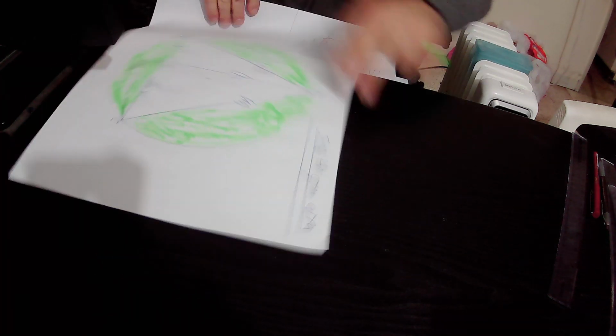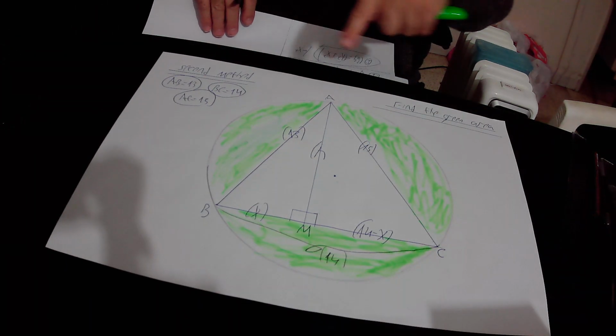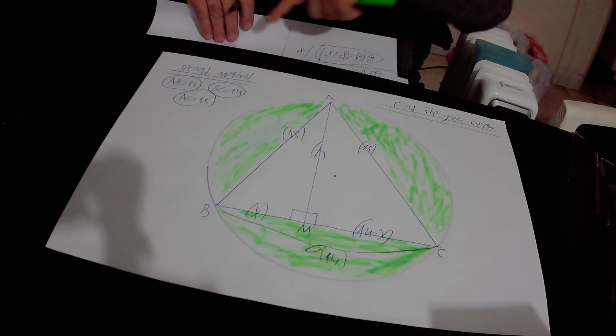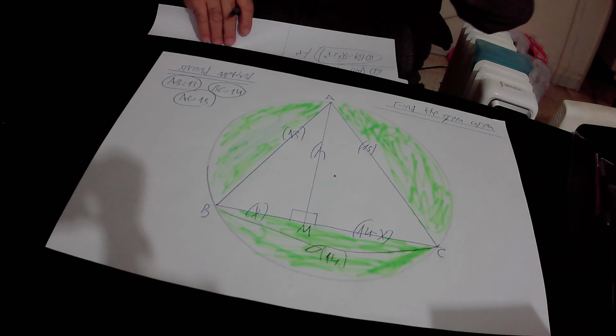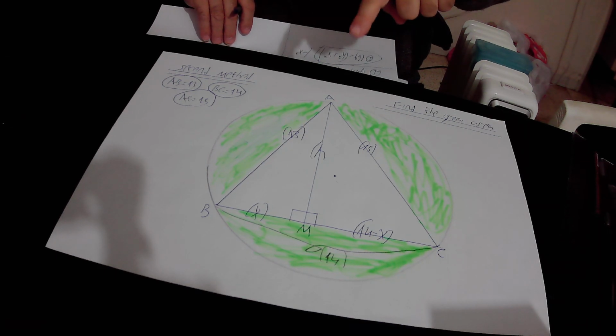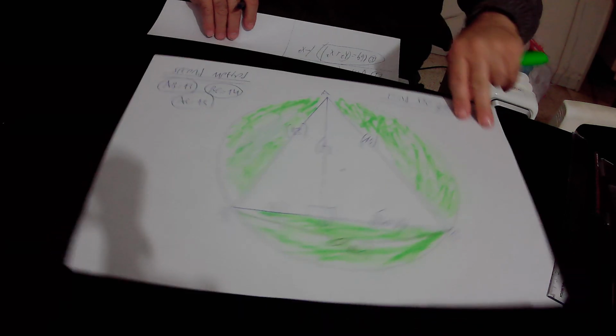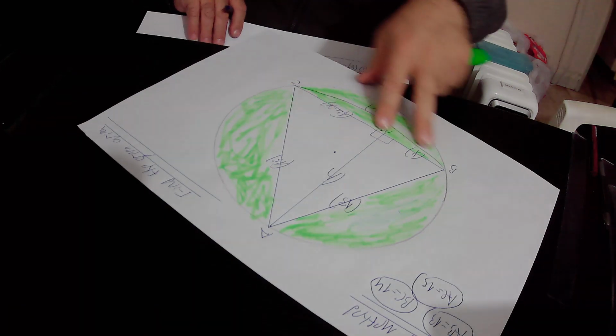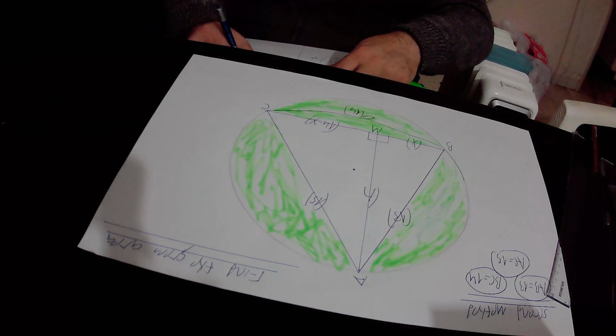In the next step, I'll copy the right triangle AMC in a new page, and we will implement the Pythagoras theorem in this right triangle AMC.